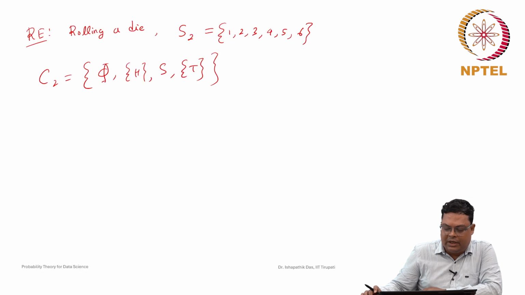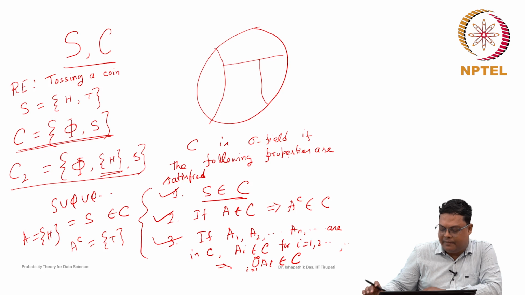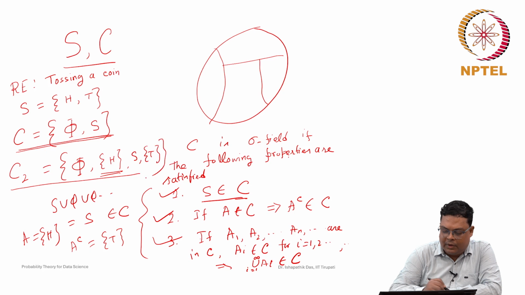In that case, you can see that this property will be satisfied. We saw that it was not a sigma field, so we just add T here also. Then for the element H, the complement T is also in C. And if we add this T, then T complement is H, that is also in C.